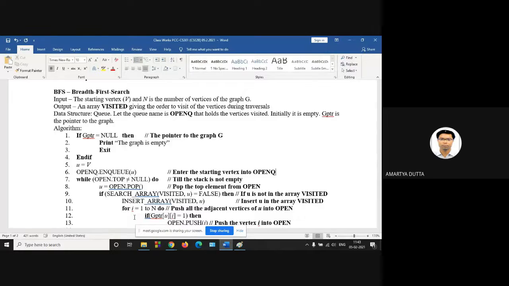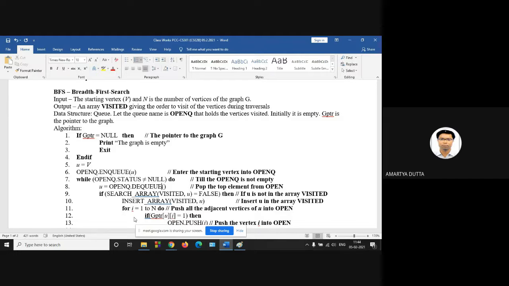And while the open queue's status is not null, that is, till the open queue is not empty, U is equal to open queue dot DQ.